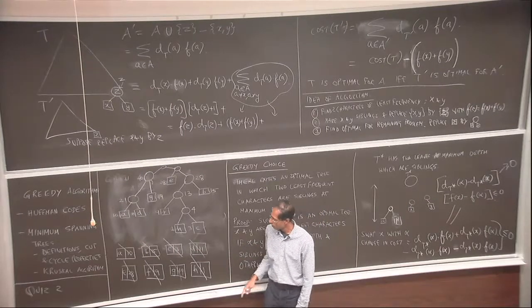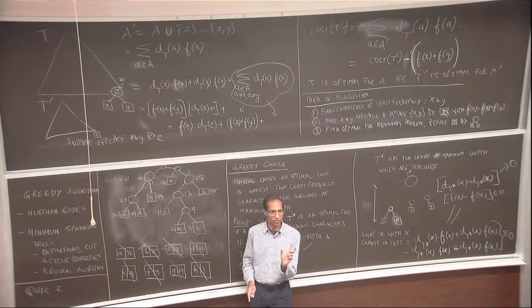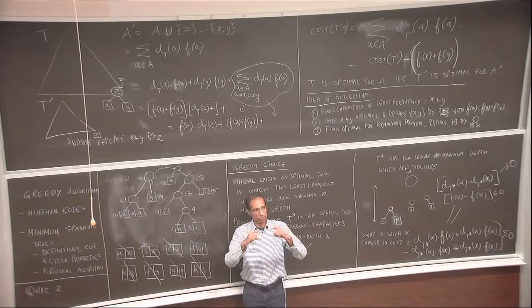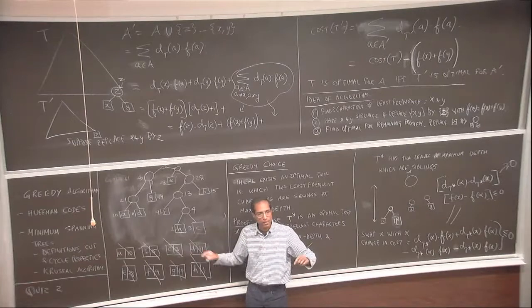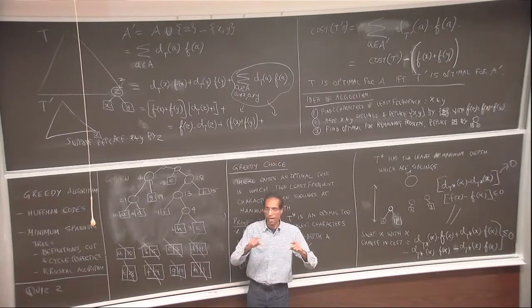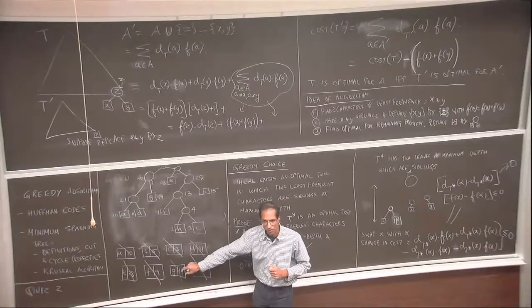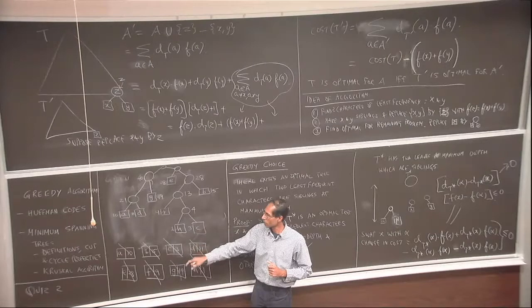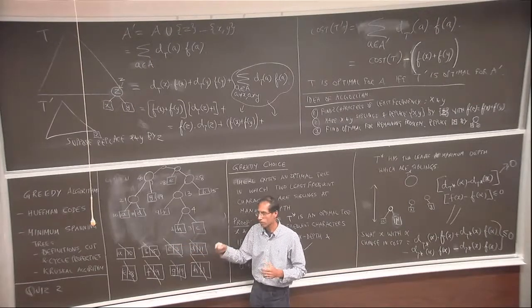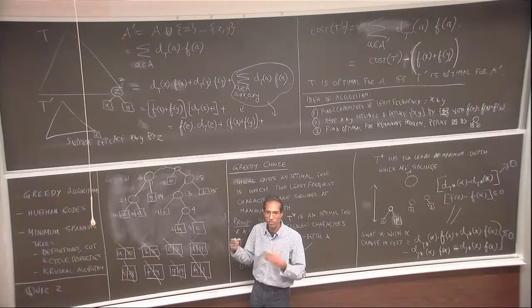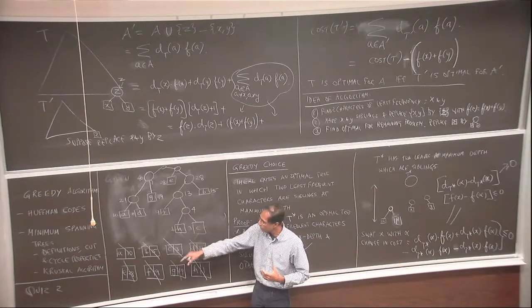Initially you make a leaf out of everybody, then you take the two characters of least frequency and add a new node, and insert that into your group. You can maintain this in sorted order, insert it using a binary search tree or anything like that, or keep a heap. That would be the easiest thing to do.